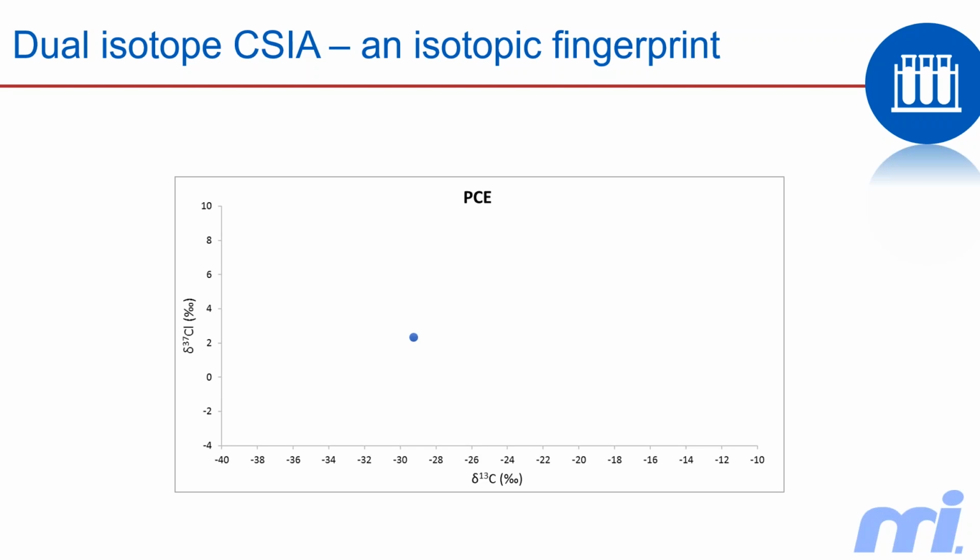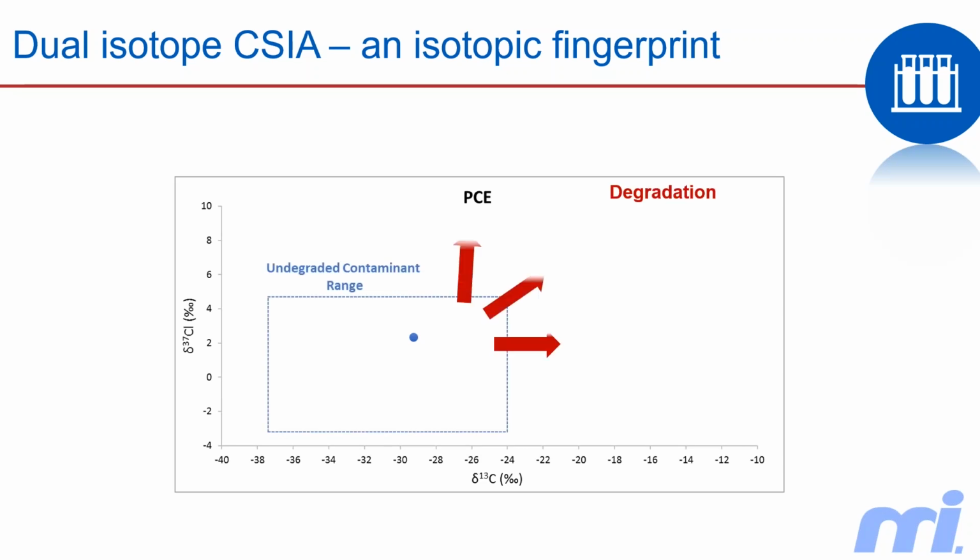That's why it's called Compound Specific Isotope Analysis. If we're looking for proof of degradation, we're seeing that those delta values will increase either over time or down gradient, and that gives us direct proof that a contaminant is degrading.